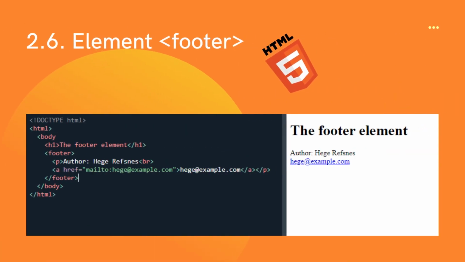Example: The footer element defines the footer for a document or section. The footer element represents the footer for its closest ancestor, the main element, or an element from the section content category or the root section element.